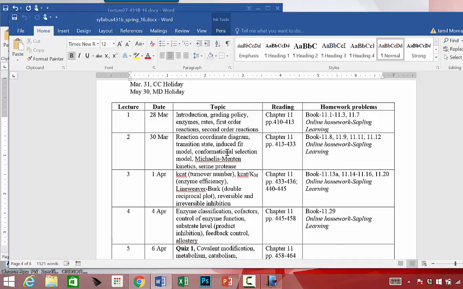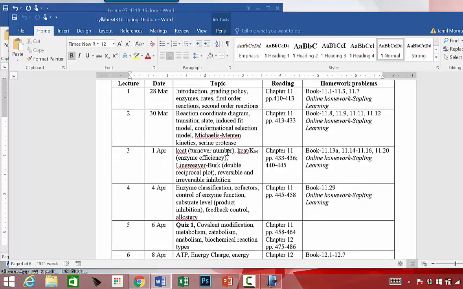Don't forget to bring a ruler for the final exam. That reminds me, okay? So don't forget to do that, just in case, okay? All right. We talked about serine proteases quite a bit. I went over in detail the mechanism of, I think, chymotrypsin, okay?